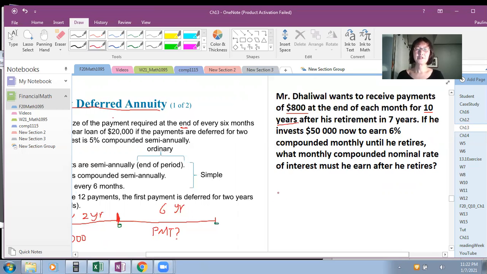So this is a deferred annuity because he is going to retire in 7 years. From here to here, it is 7 years. This is now. In 7 years, he will retire. After retirement, there is an annuity for 10 years.